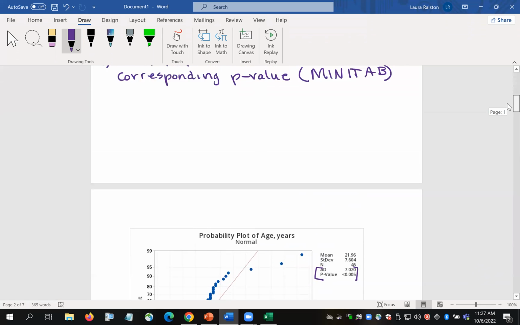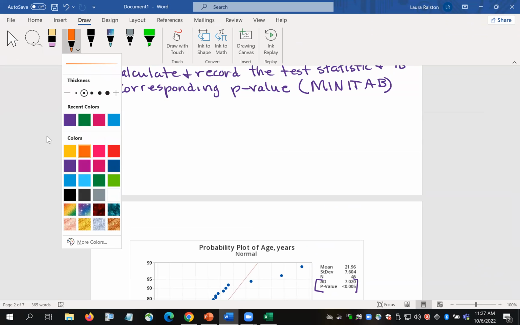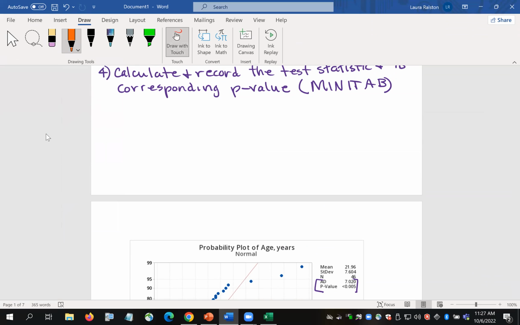So I do have to write down that value for my test statistic. So my Anderson-Darling test statistic is 0.7020.